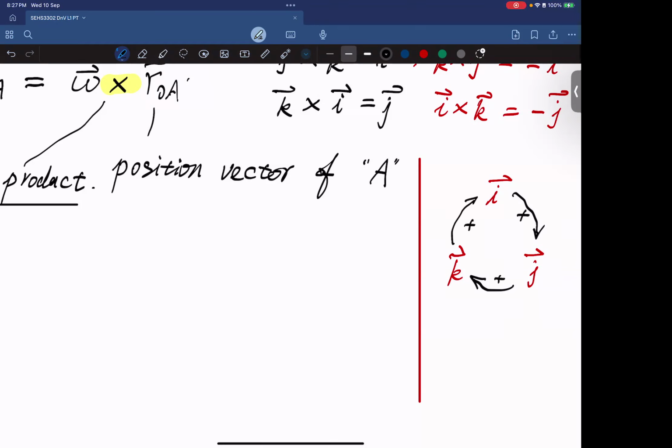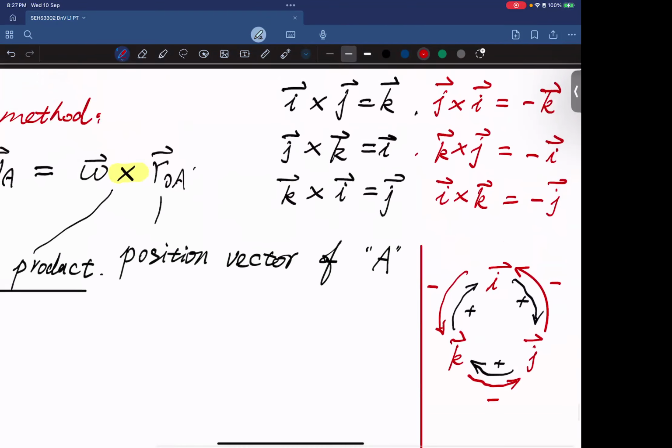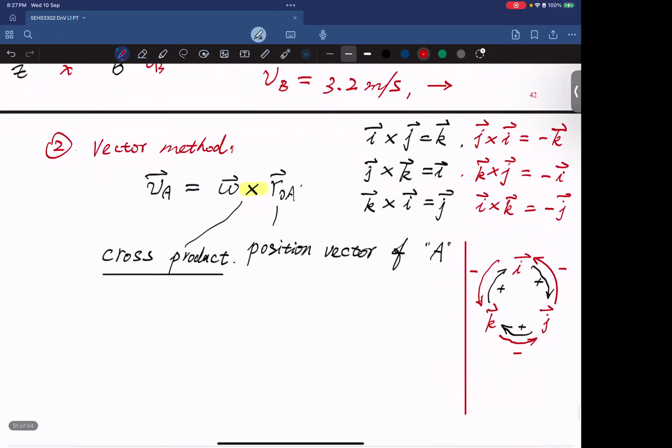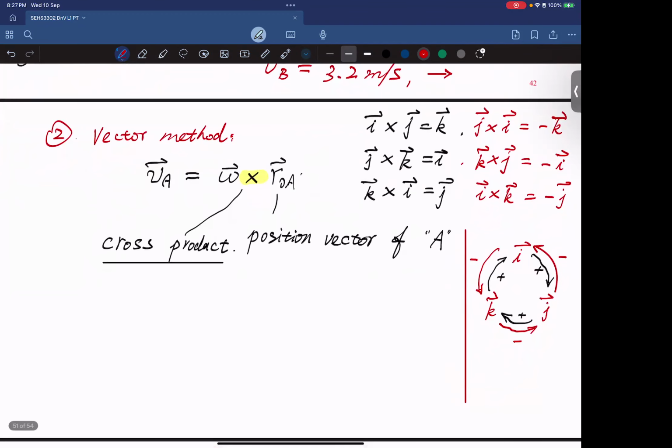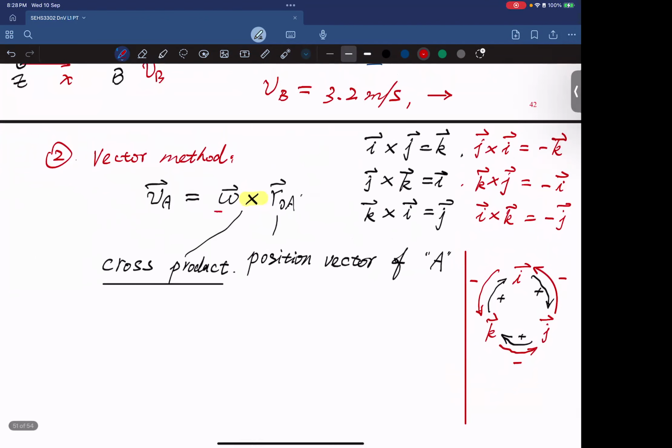If we rotate the other way, it's going to be negative. So j cross i is going to be negative k, and so on. We can use this circle. This is how we calculate the cross product. Then we can find omega and r_OA and do the calculation.